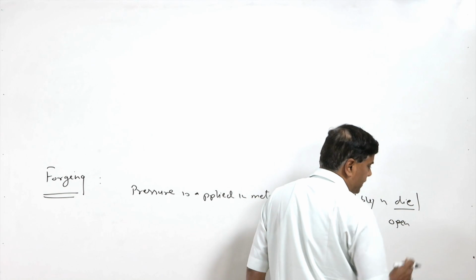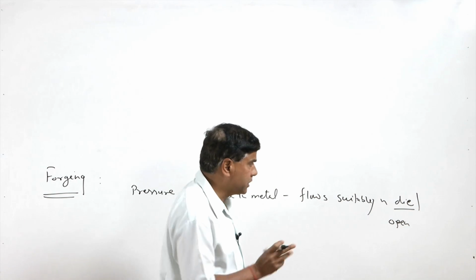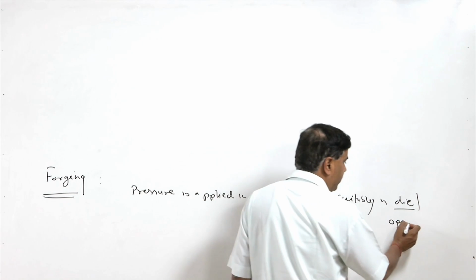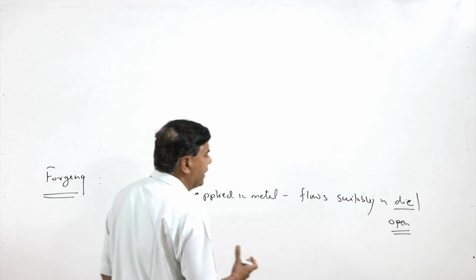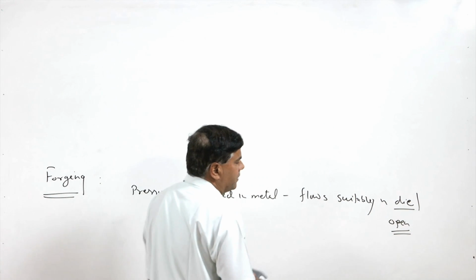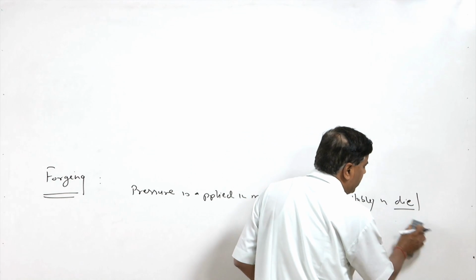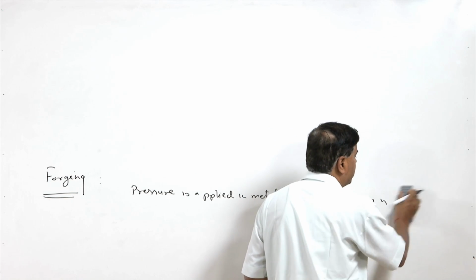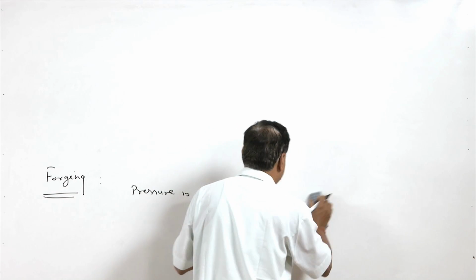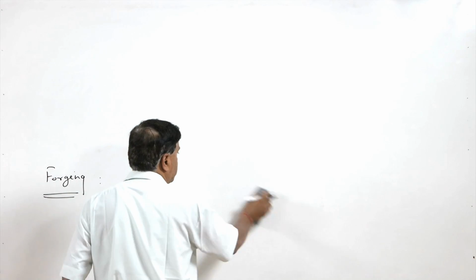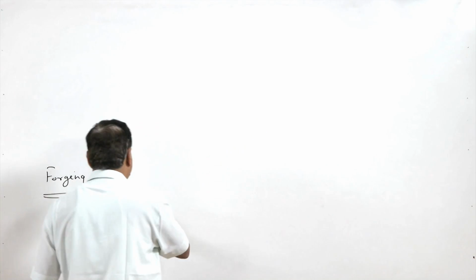If it is a die, then we get the impression or the shape which is desired, and if the flow is in the open, this is called open die. In that case the flow is to be regulated through controlled manipulation of the metal deformation in order to get the desired shape.